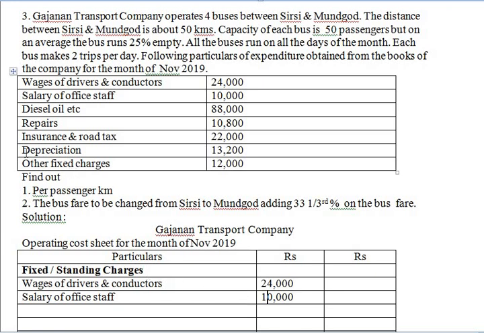Next, depreciation. Amount is 13,200. Here, insurance and road tax.